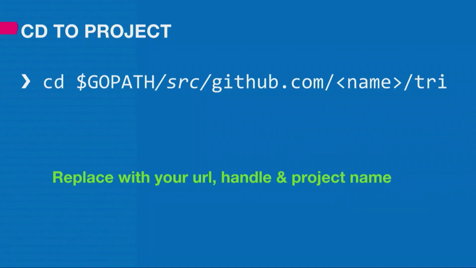All right, now cd to your project. Right, and so Cobra's created it for you inside your Go path. It's going to put it where you're going to expect to find all of your Go code.